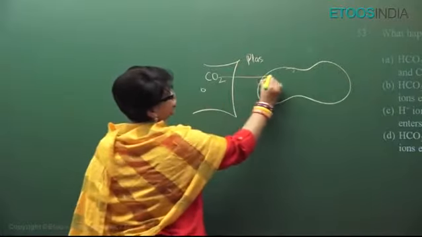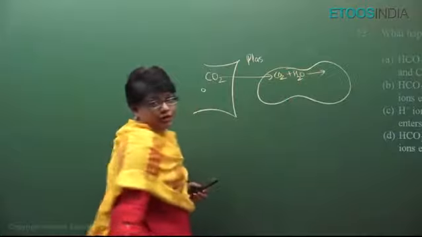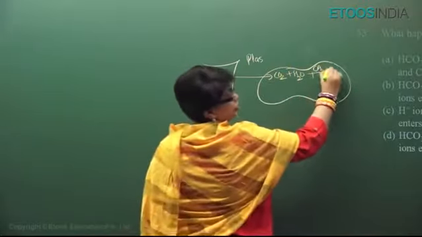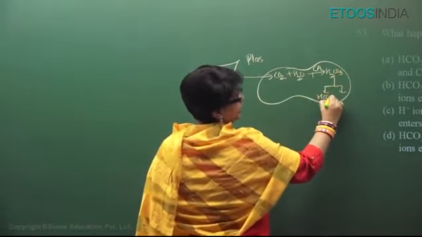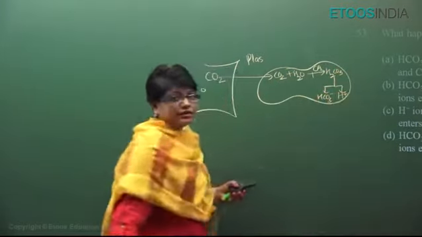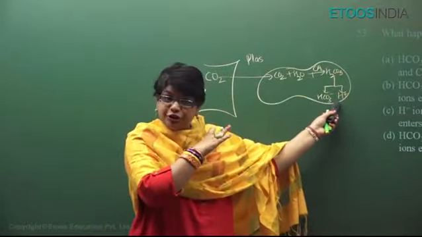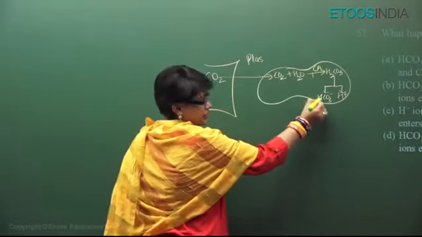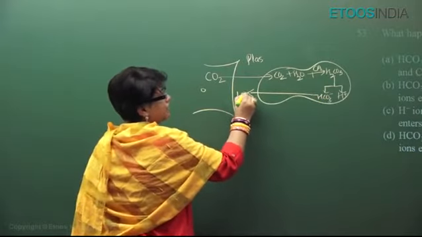Now CO2 goes inside the RBC and combines with water in the presence of carbonic anhydrase enzyme, forming H2CO3, and then this breaks into bicarbonate ions and H ions. This H ion will combine with hemoglobin which has released O2 into the tissues. But the bicarbonate, the CO2 in the form of bicarbonate, will come out into the plasma.